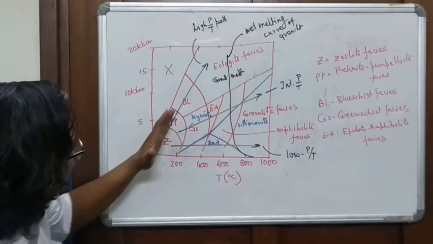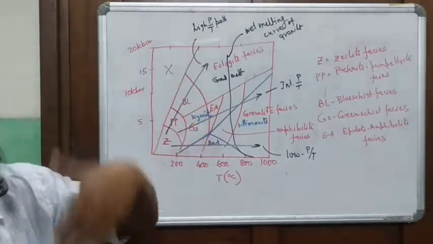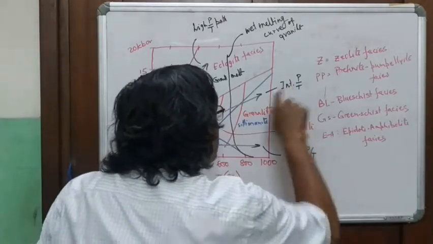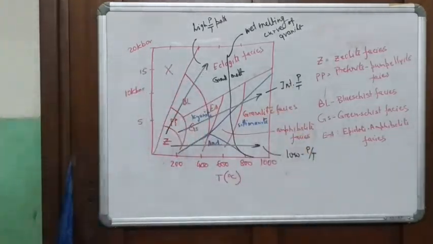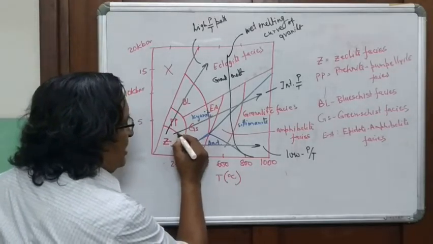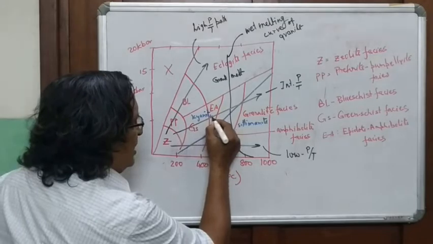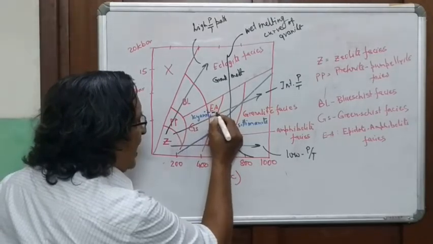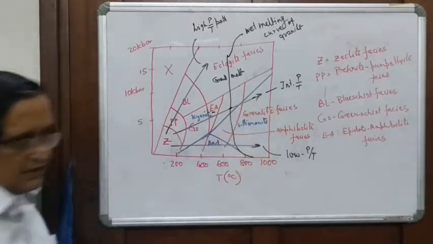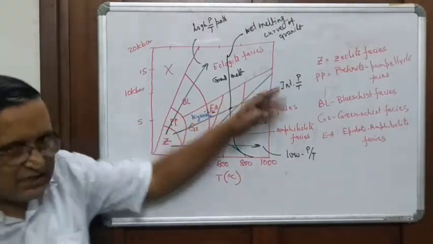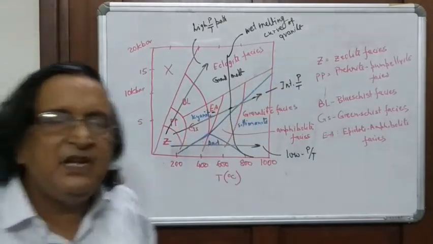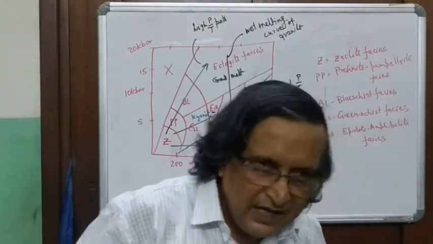And this is where the high pressures generate. And then you have the intermediate pressure path. You will first get zeolites, then green schist, then epidote amphibolite, then amphibolite, and then granulite facies.